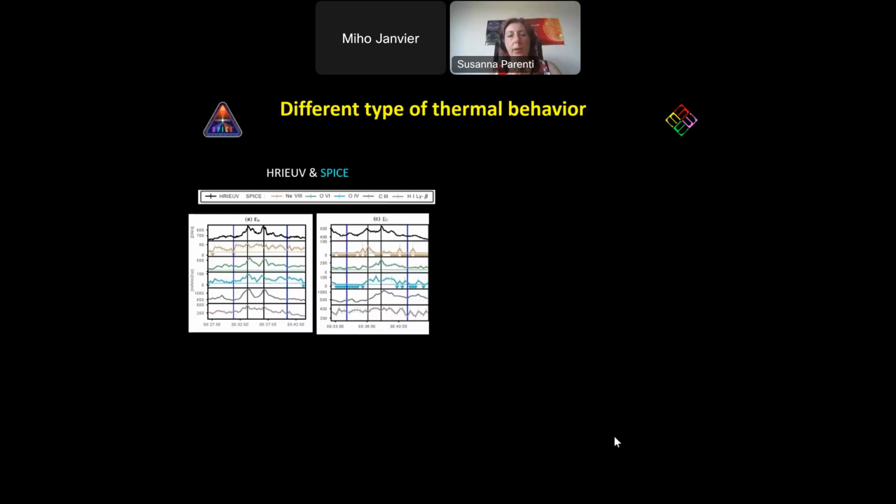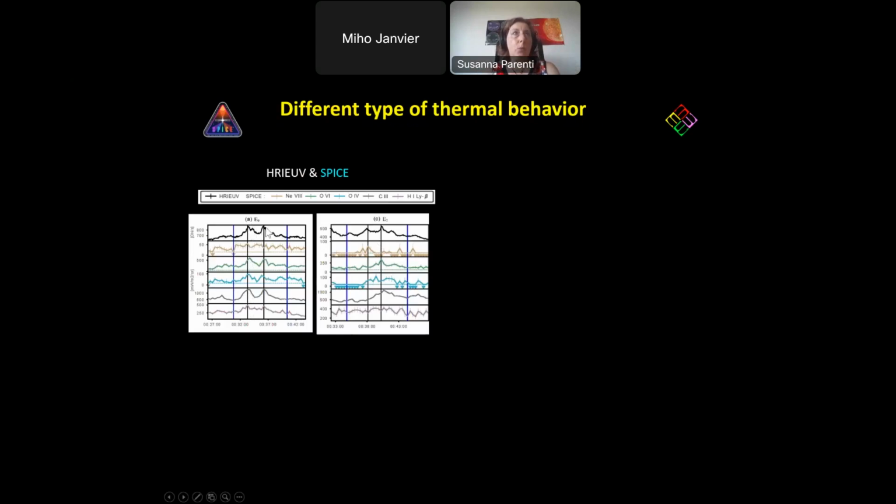So when you look in detail at different temperatures, you see different thermal behavior of this feature. I show some of them here, still from Antoine's work. On the top you have a light curve from EUI, and on the bottom you have SPICE from the hotter to the cooler lines.